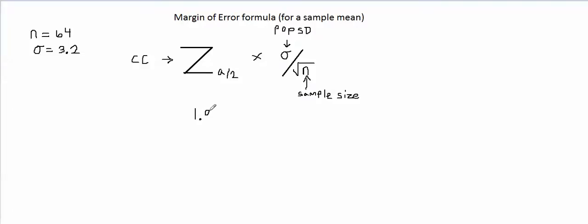So my confidence coefficient is 1.96. I multiply that by the population standard deviation, 3.2, over the square root of the sample size that I'm planning to use, which is 64. And once we go through all this work right here, we'll have the 95% margin of error.